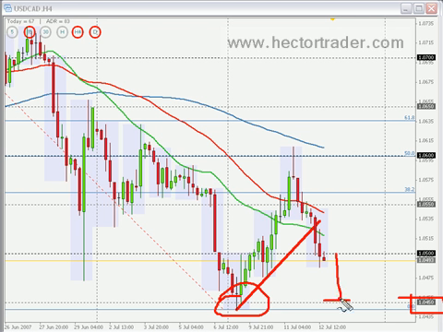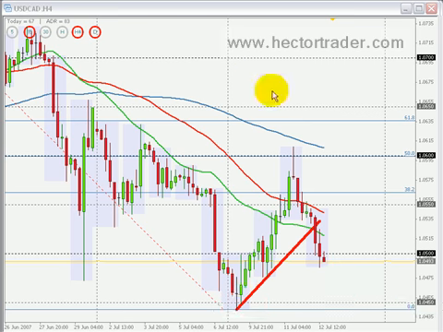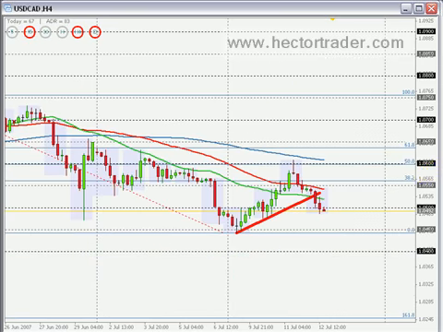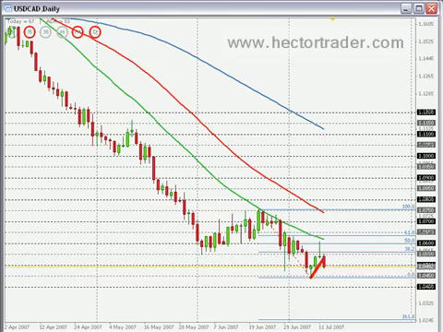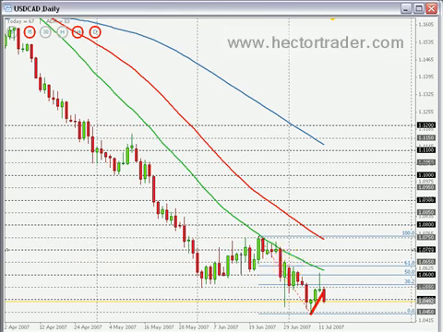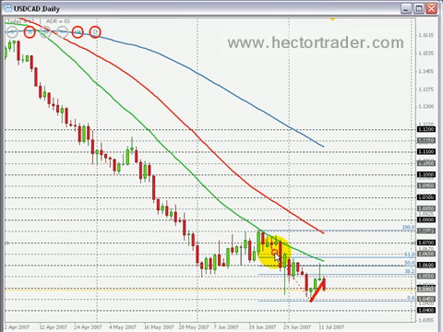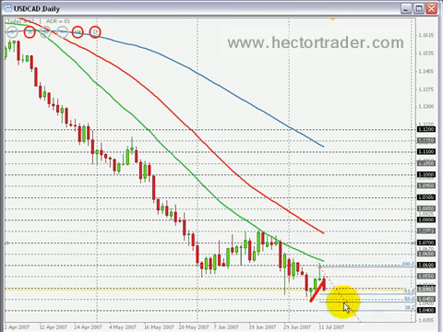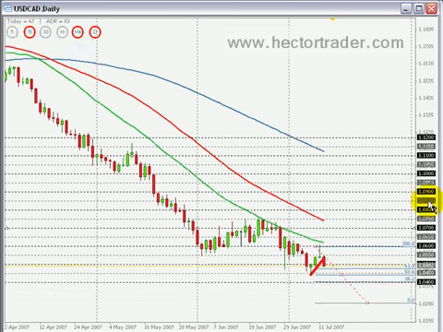If this move keeps moving my way, I will take half position out there, like I say, for 43 pips. And I will move stop to break even, and then I will let the second half of the trade run to its full potential targets, all the way down to around the 103.00 level.